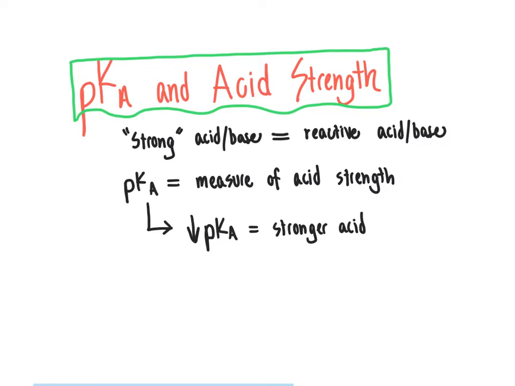It's going to be more prone to react to give more product at equilibrium. So lower pKa corresponds to a stronger acid, and it refers to a reaction equilibrium, when the acid reacts with the base, that lies further toward the product side. In other words, further toward the right-hand side of the equation.